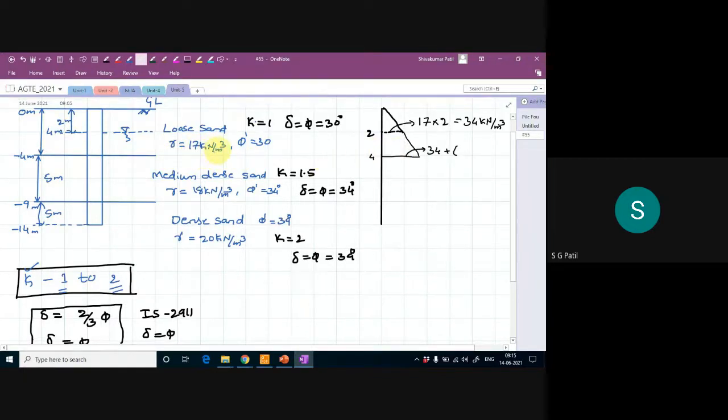I will consider 10 as the unit weight of water. So 17 minus 10 is 7. So 7 into what is the depth here? 2 meter. So how much are you getting? Tell me. Are you able to hear my voice, right? Please respond, anybody. 48 kilonewton per meter cube.